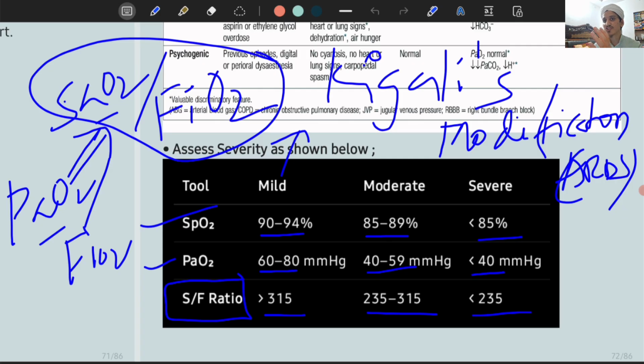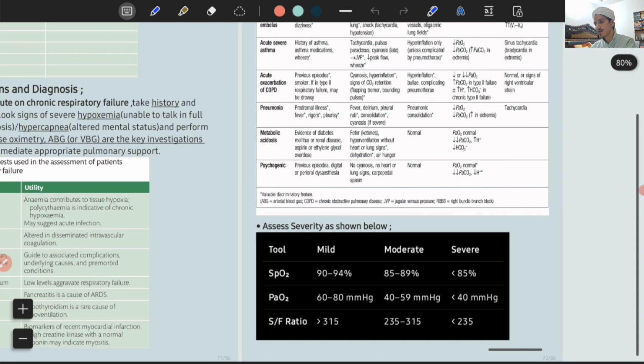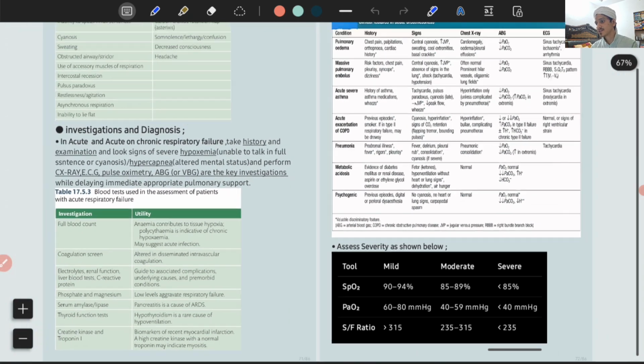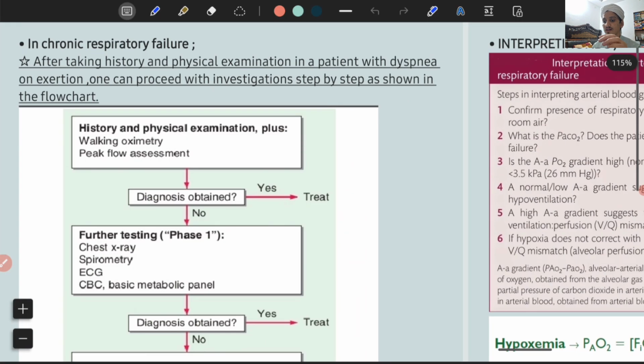In case of COPD, you will use a Venturi mask. In moderate to severe cases, you will think of non-invasive mechanical ventilation. Either it can be non-invasive or invasive. So severity is also important, and along with severity, signs of hypoxemia and hypercapnia are also important for deciding which respiratory support we should give, along with history and examination.